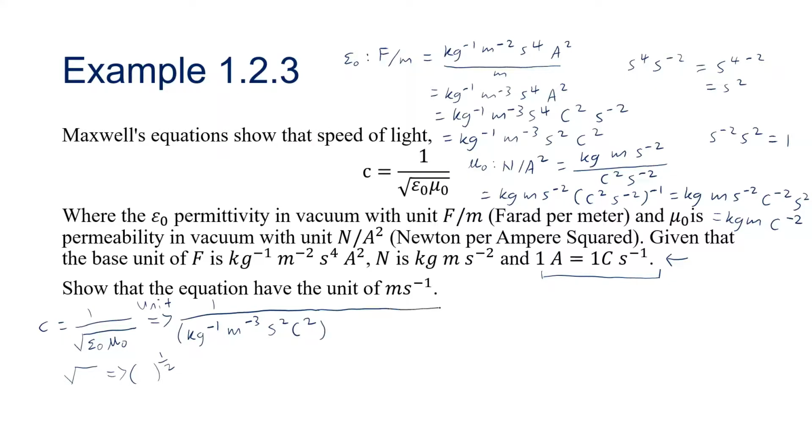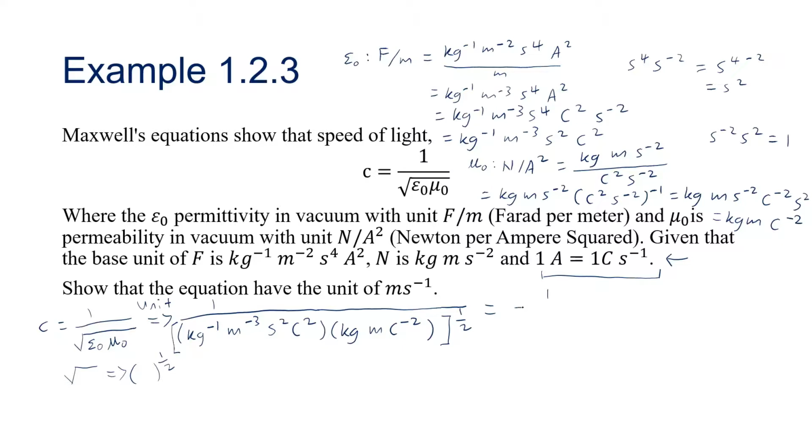and copy down the unit for this mu naught, which is given by kg m C to the negative 2. And remember, the whole thing is in a square root, so the whole thing we need to have a power of 1 over 2.